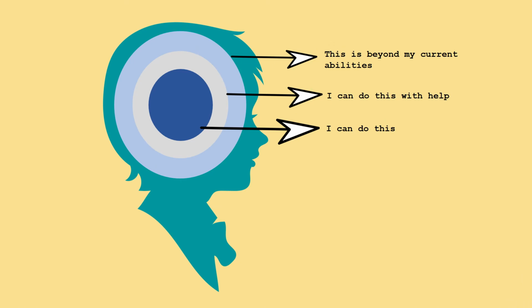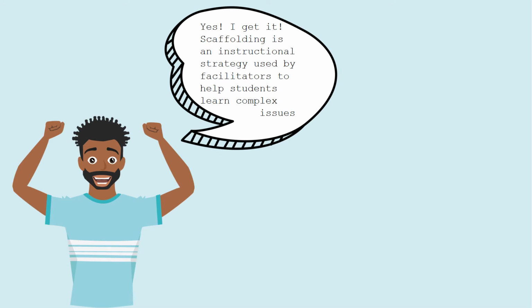How does scaffolding help students reach their zone of proximal development? When done properly, scaffolding increases the size of the "I can do this with help" circle to reach its full potential. Scaffolding is nothing else than an instructional strategy used by facilitators to help students learn complex ideas that they could not have learned based solely on their own cognitive capabilities.